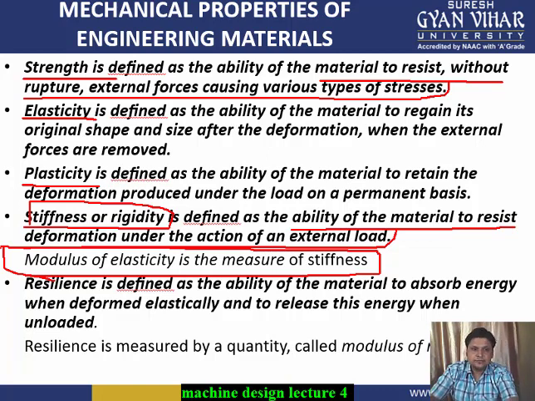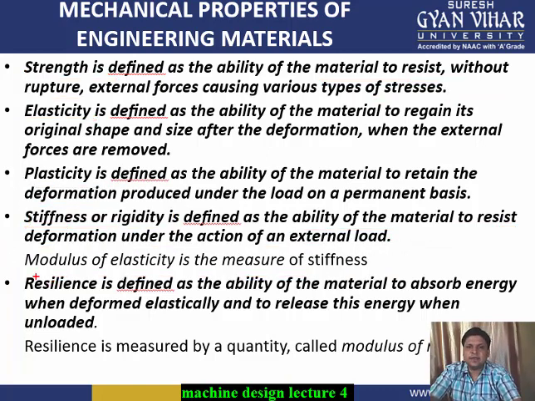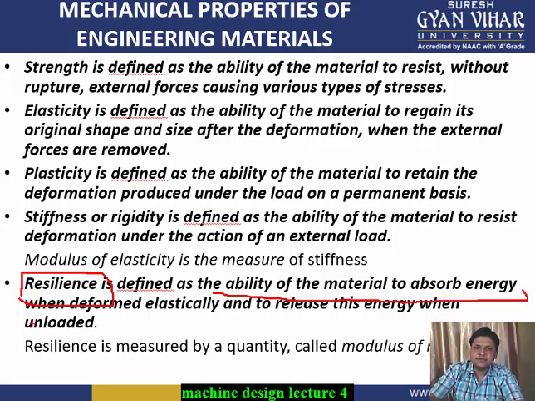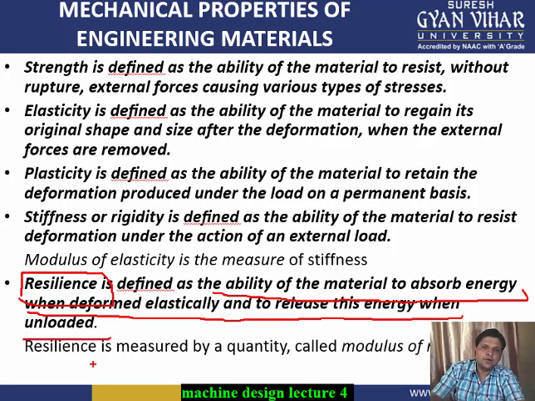And the next property of material that is important is resilience. Resilience is the ability of a material to absorb energy when deformed elastically and to release this energy when unloaded. Now this property is very important in the case of springs.